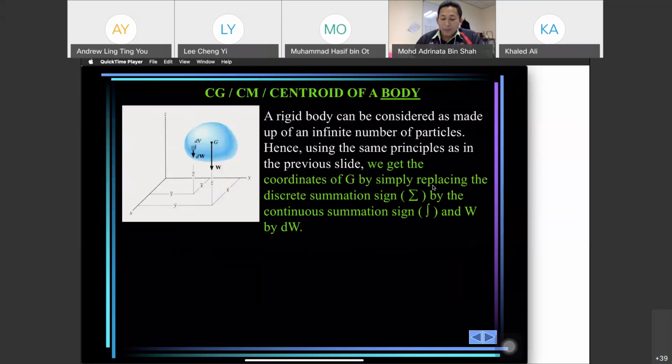A rigid body can be considered as made up of an infinite number of particles. So there are so many particles. Hence, using the same principles as in the previous slide, we get the coordinates of G by simply replacing the discrete summation by the continuous summation. So here you come with the integration for the whole body. The integration is from 0 to what number?